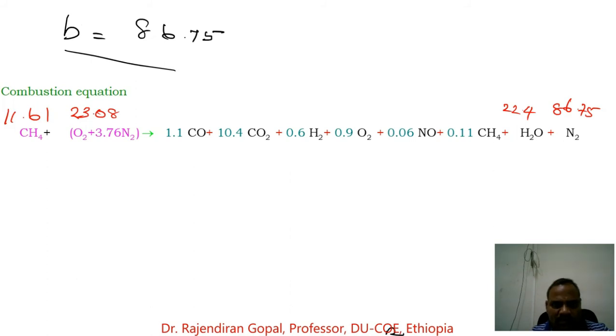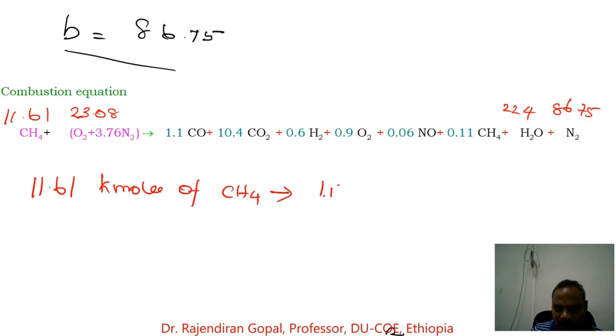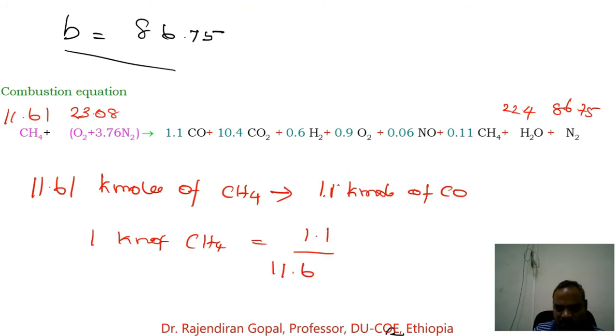Now we observed from this equation, 11.61 kilomole of methane produces 1.1 kilomole of CO. Therefore, 1 kilomole of CH4 produces 1.1 divided by 11.61 kilomole of CO.